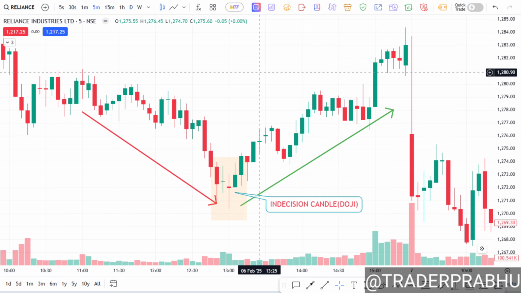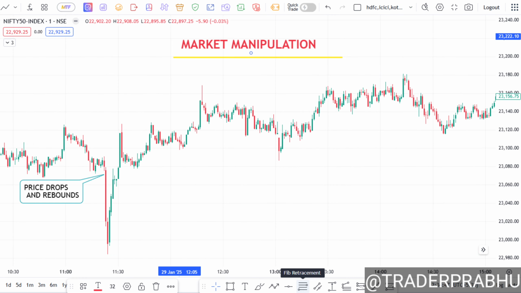And second one is watch for institutional manipulation. If price suddenly spikes up and drops fast, it's often a trap. If price drops hard and then rebounds quickly, big players are likely buying, right?